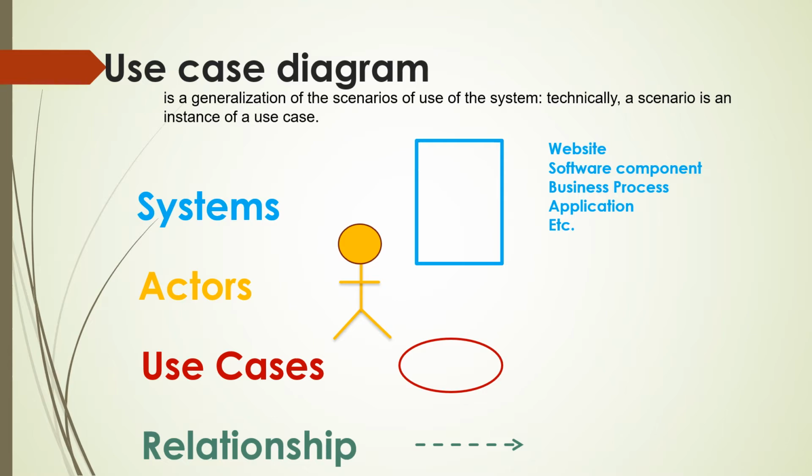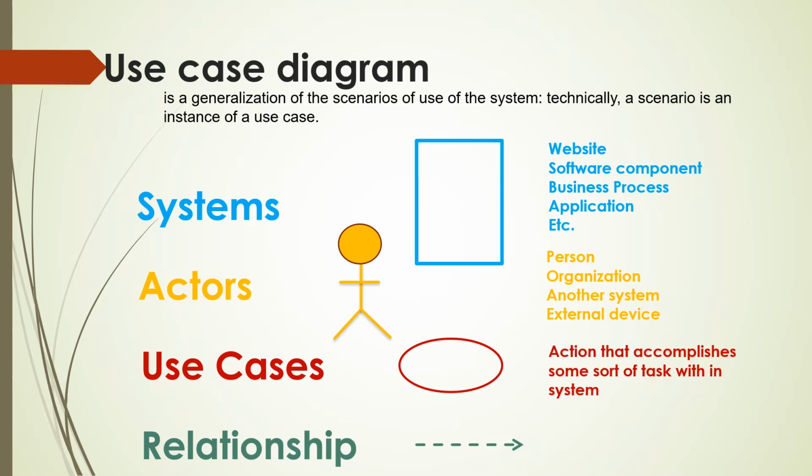A system can be a website, software component, business process, application, etc. While an actor can be a person, organization, another system, or external device. A use case is an action that accomplishes some sort of task within the system, and the relationships can be include or extend.